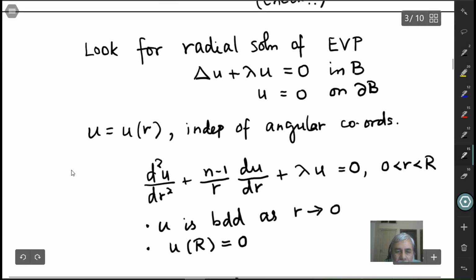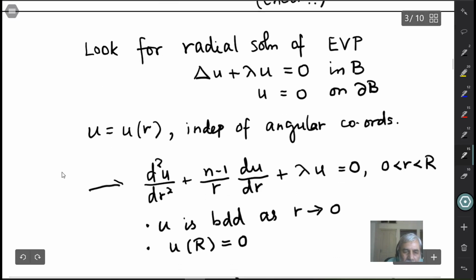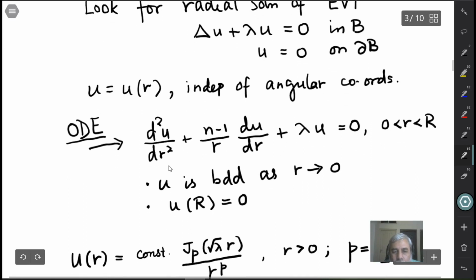Okay, so in n dimension then you satisfy this ODE, an ordinary differential equation, second order. Okay, so d square u by dr square plus n minus 1 by r du by dr plus lambda u equal to 0.